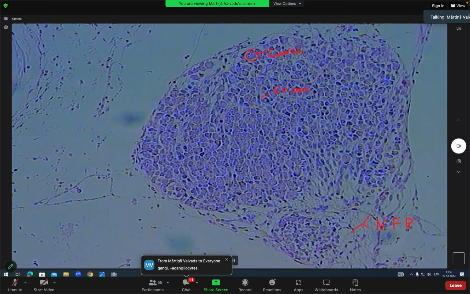I will write the names. So glial cell development and nerve fiber bundles. So just a slight variation.